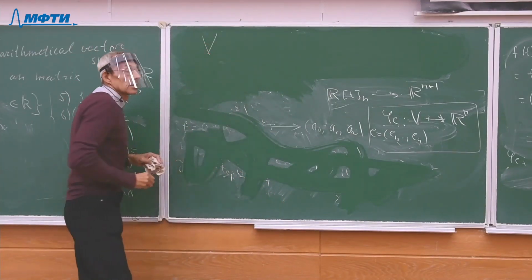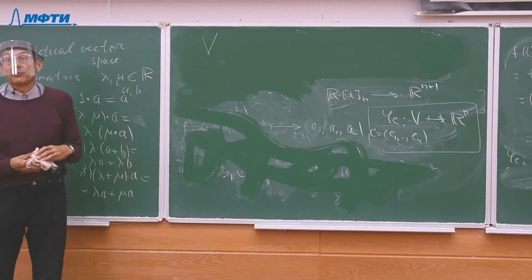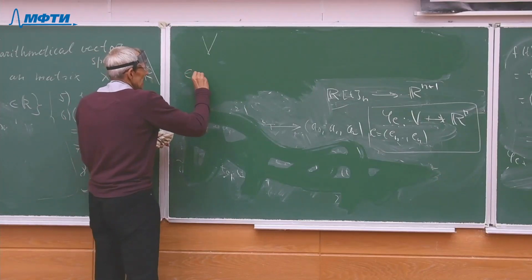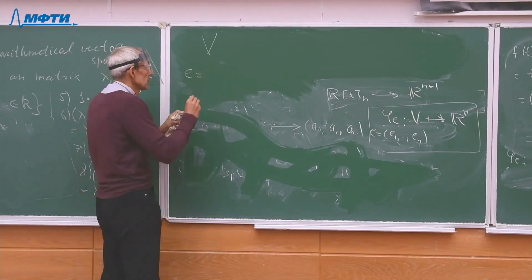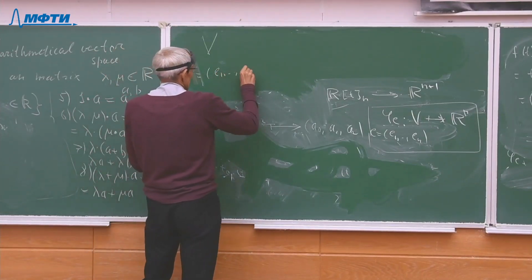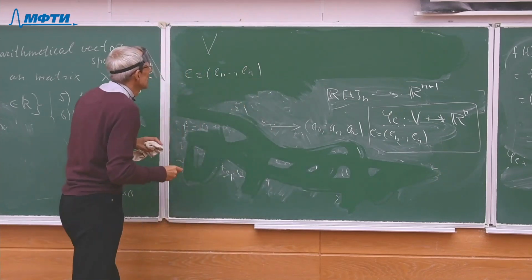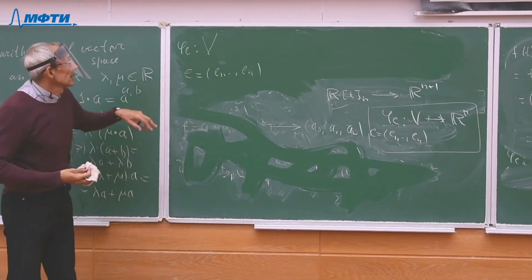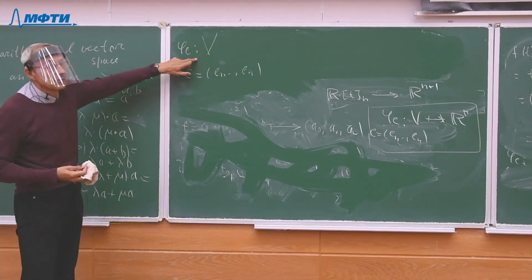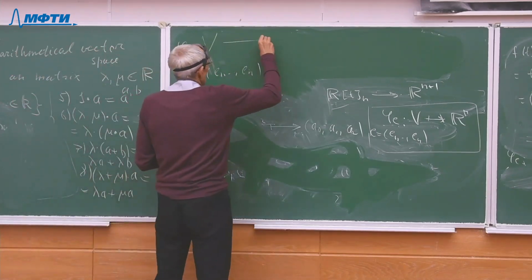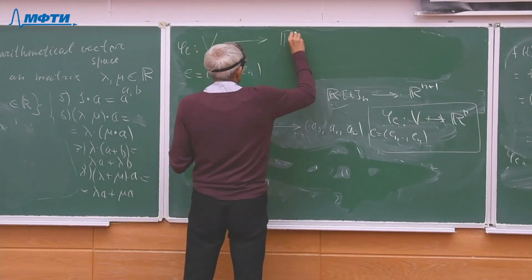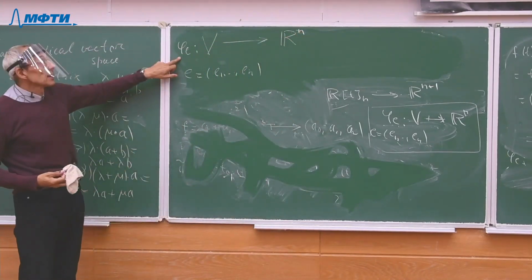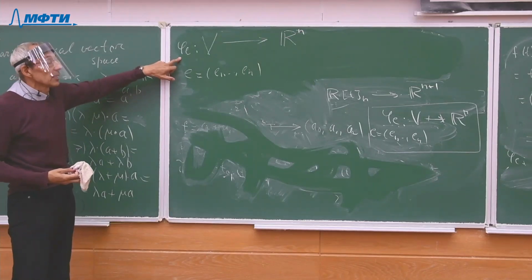I start with an arbitrary vector space V, and I choose a basis e in this vector space. I choose and fix some basis. After that, I can define the mapping from V onto the arithmetical vector space Rn. The mapping is defined in the following way.